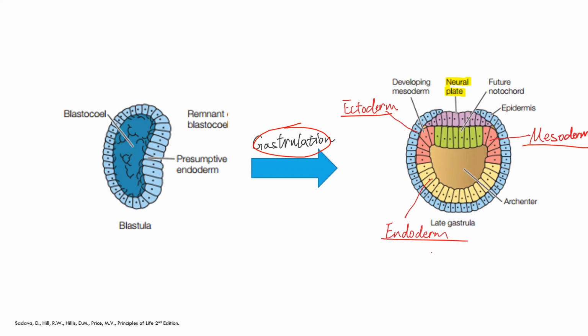The ectoderm will form the epidermal layer of the skin and the nervous system, including your eyes and nose. The mesoderm will form muscles, bones, kidneys, blood, gonads, and connective tissues. And finally, the endoderm will form your guts, your liver, and lungs. So here, we focus on the neural tube that is still part of the ectoderm in this stage.